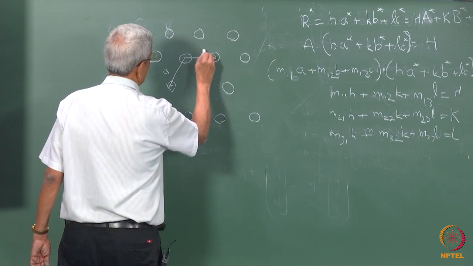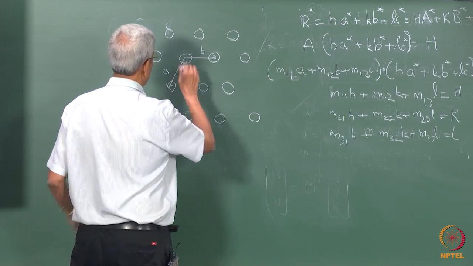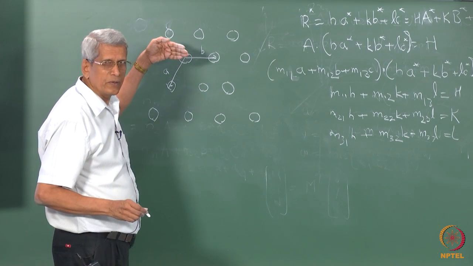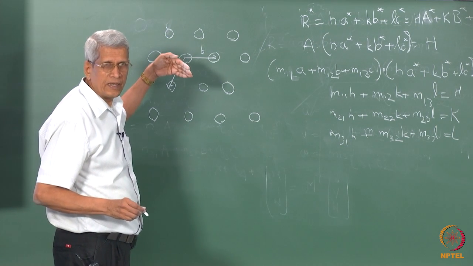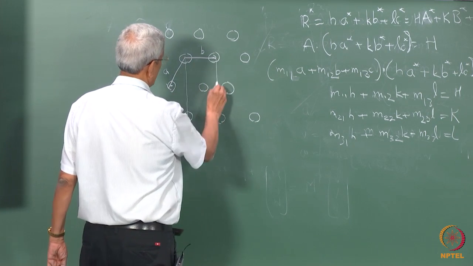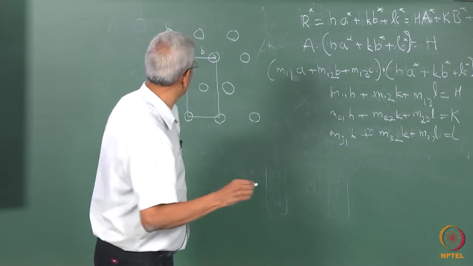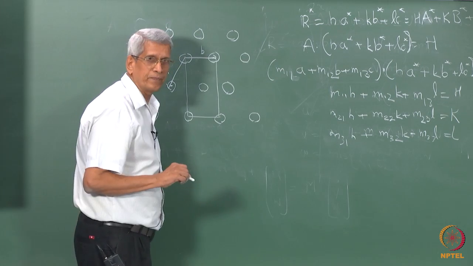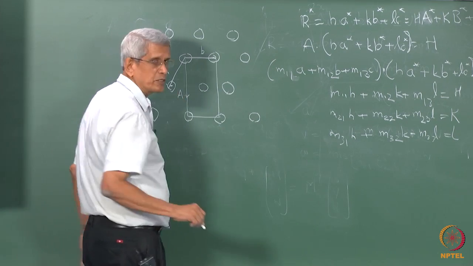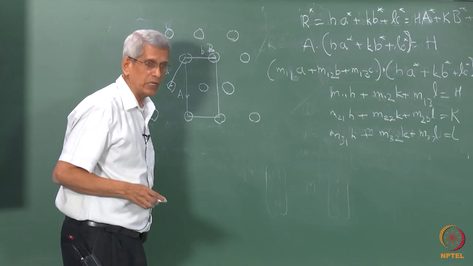This is the B coordinate. And assume that the next layer is just sitting on top of it. It generates a simple hexagonal unit cell. And this can be considered in this particular way also a unit cell with one atom centered at the center. And A becomes the lattice parameter for this, and B is the lattice parameter in this particular case.